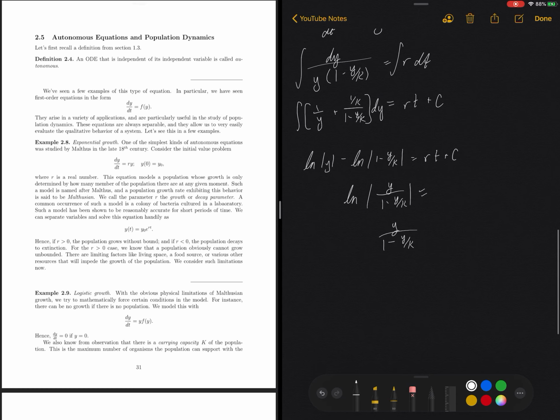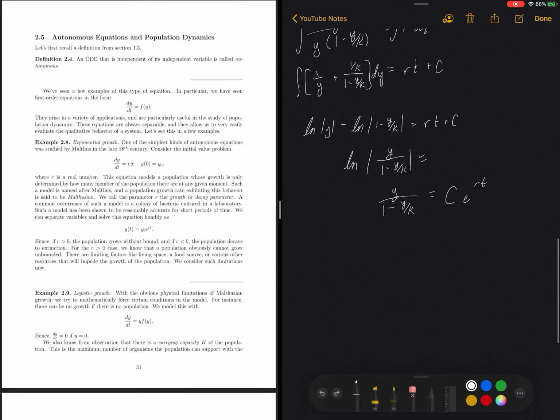I can simplify this a tiny bit more. If I exponentiate and drop the absolute value sign, with the acknowledgement that pluses and minuses get absorbed into a new constant (this is not the same C as the one up above, that is a different C), I continue: C e to the rt.